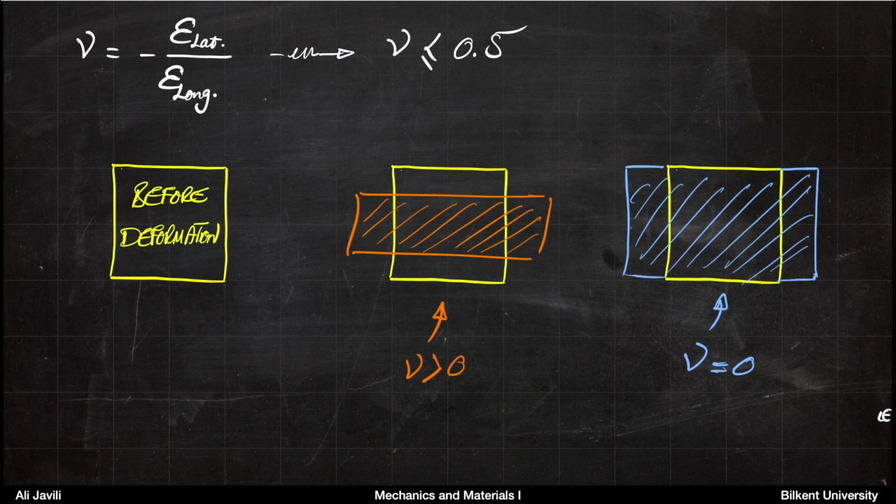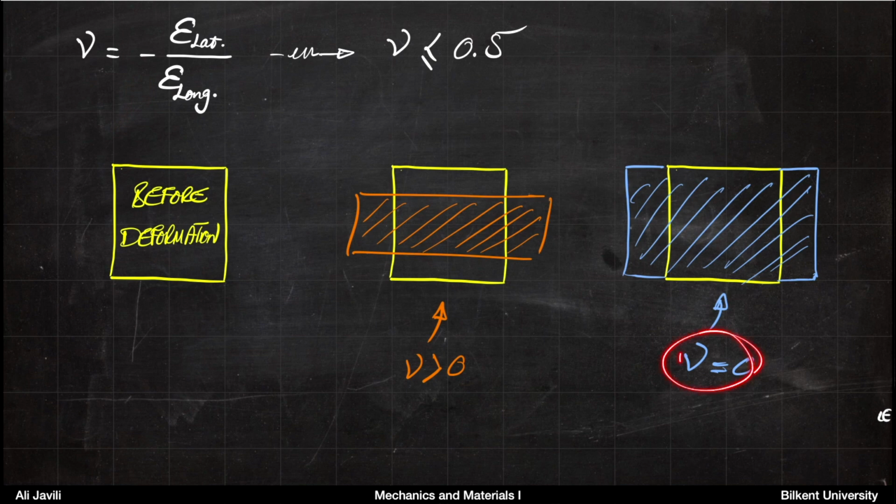Also, think of a simple test. Let's say you think of a square that before the deformation is just a square, and then after the deformation we elongate it in the x direction. If it contracts in the y direction, Poisson's ratio is larger than 0 based on the definition we have.